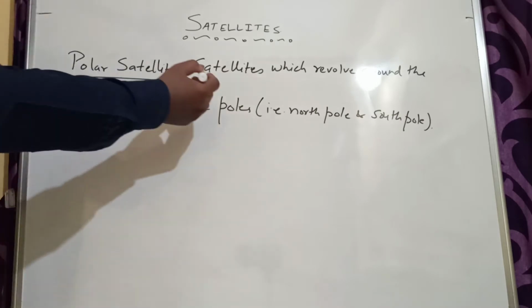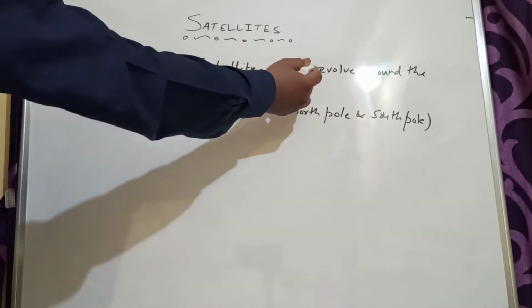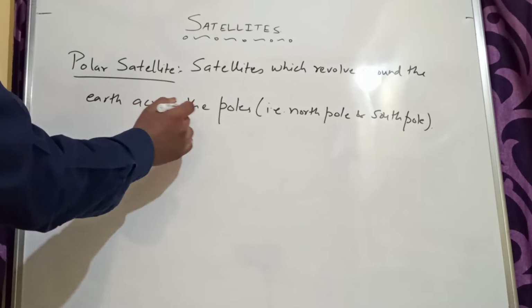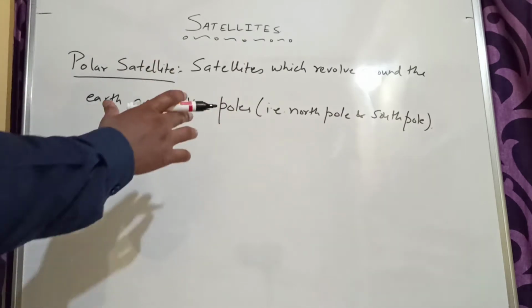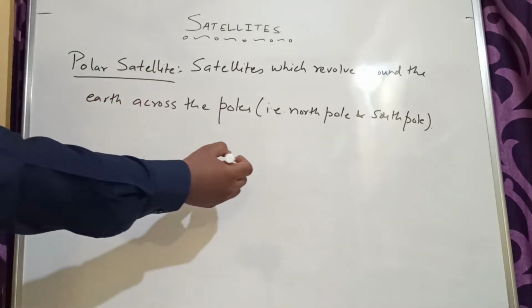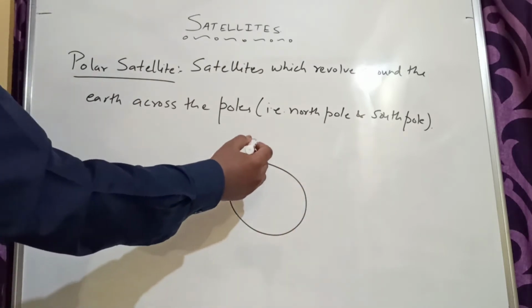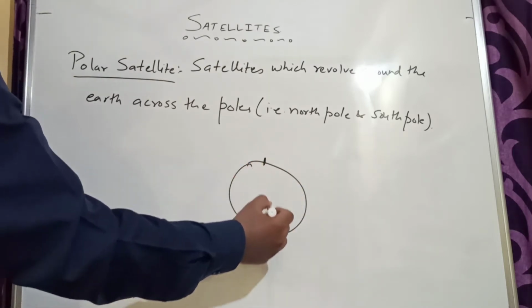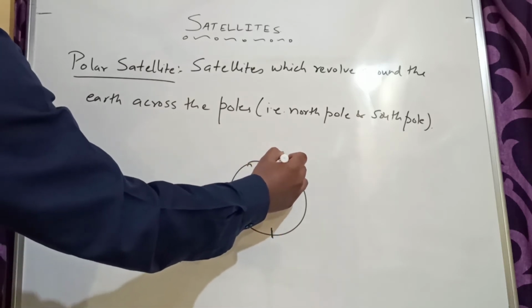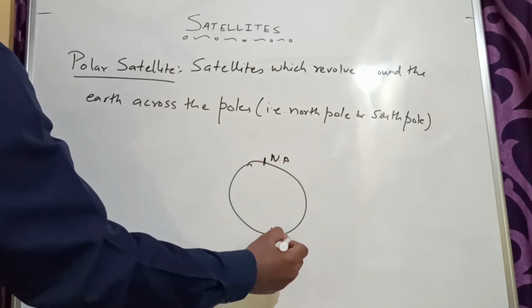See, polar satellites are satellites which revolve around the Earth across the poles, right? So these are your polar satellites. For example, this is your Earth, and you know that these two are poles. This is your north pole and this is your south pole.